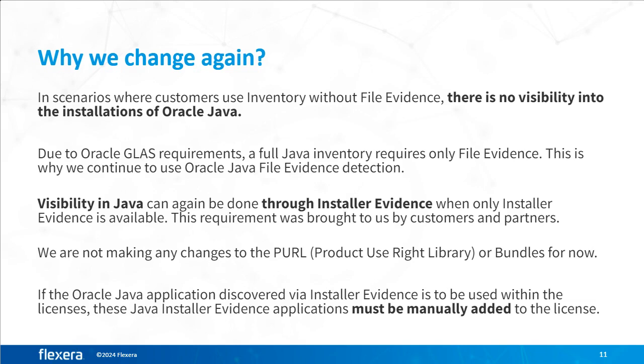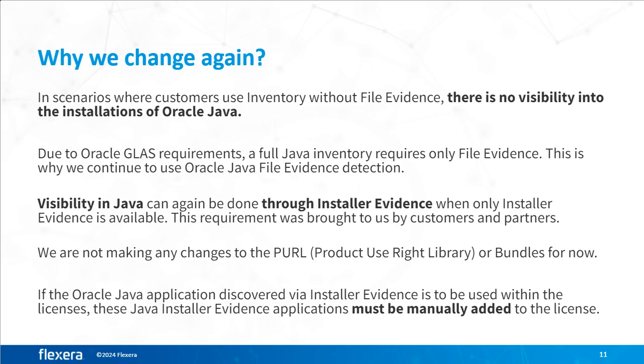Due to the requirements I covered, right, for the Oracle Glass verification, it's a full Java inventory, and it's based only on file evidence. So the installer evidence will not satisfy or help with the data collection here, but it is providing key insights.